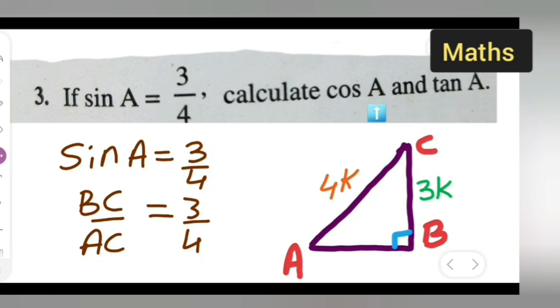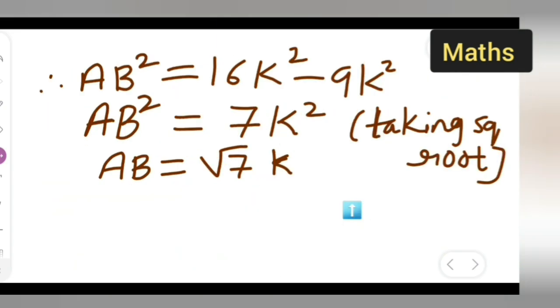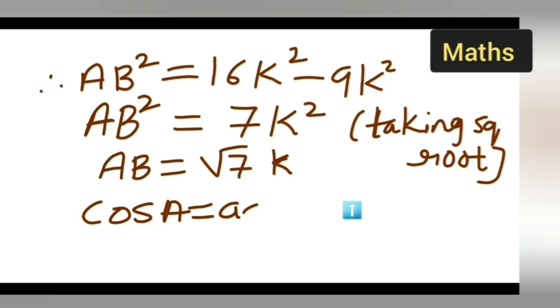So first I will find cos A. Cos A is equal to adjacent side upon hypotenuse.